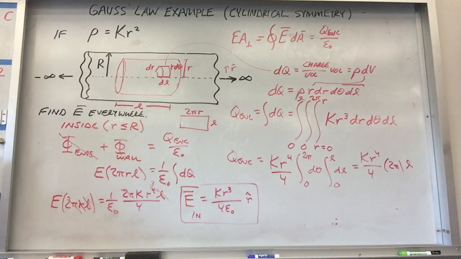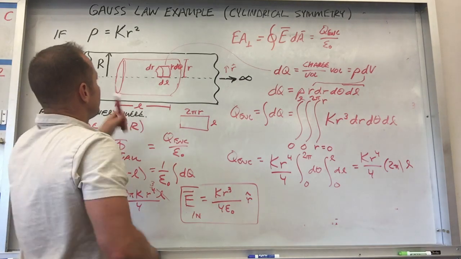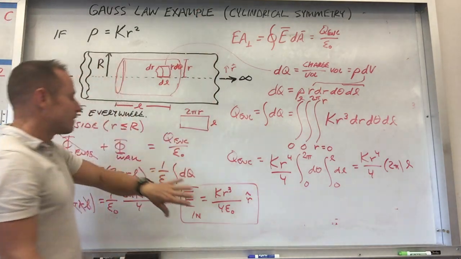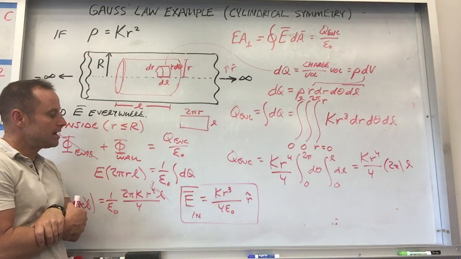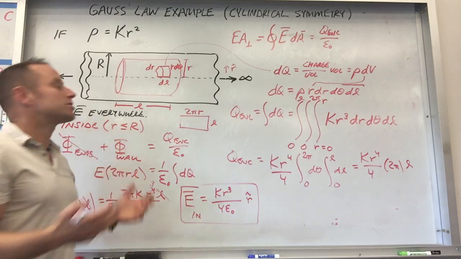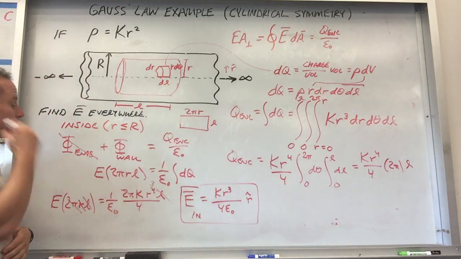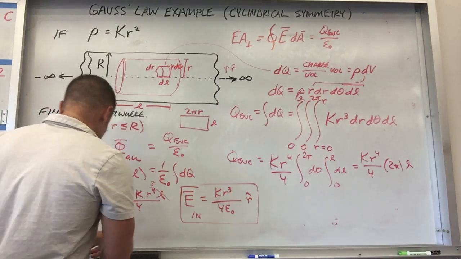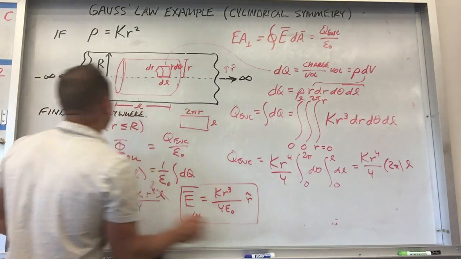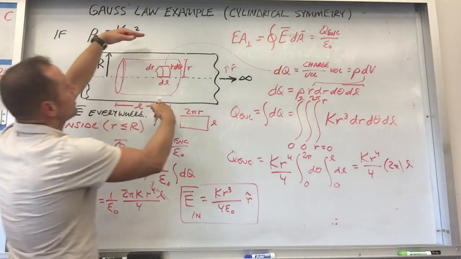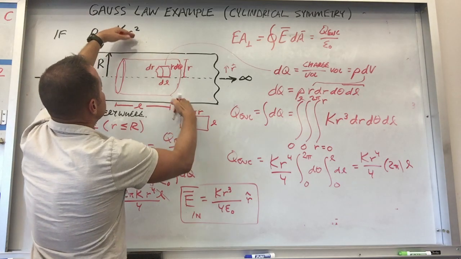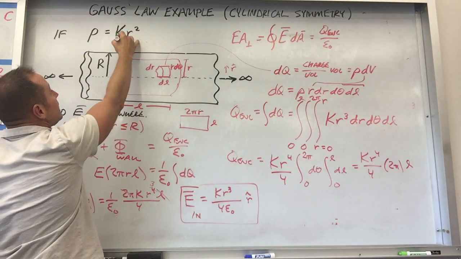The way these problems always go is it says to find the field everywhere. Well, we found it inside. When you go to do it outside, you don't have to repeat all this work. What's going to happen on the outside is your Gaussian surface is just going to extend out here.